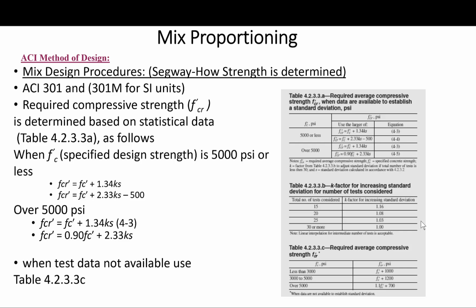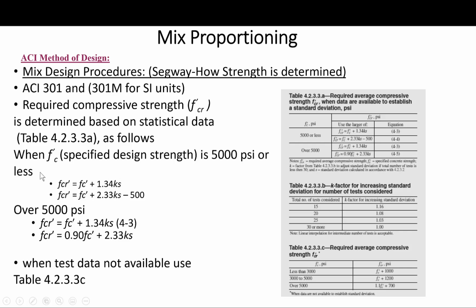Basically 301 for US units, 301M for SI units. So this is the required compressive strength, which is f'cr. This is determined based on statistical data from this table right here, which is as follows.